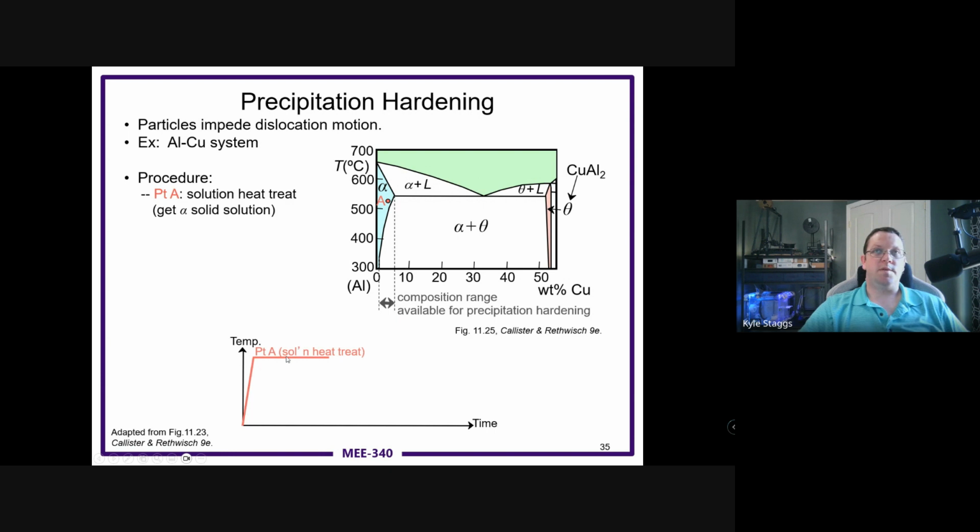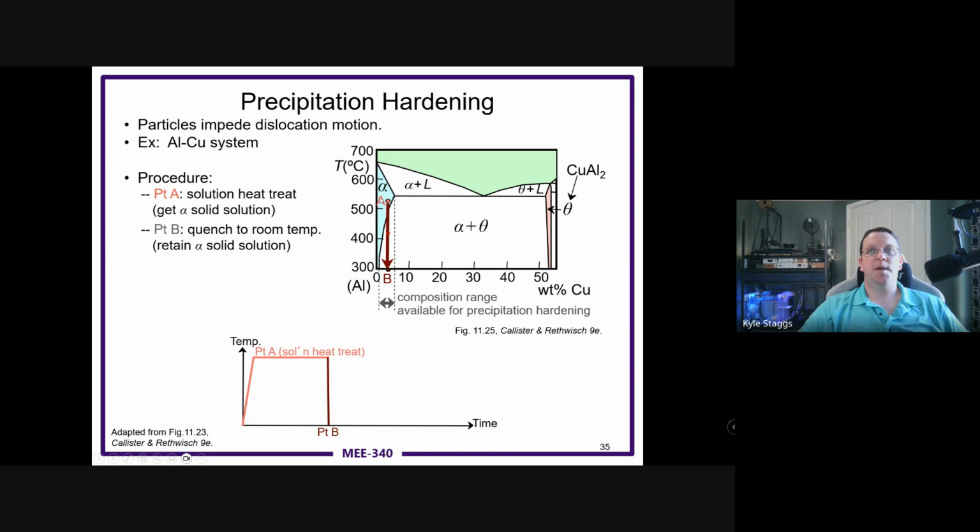So you have this temperature, you bring the material up to this temperature for point A. B is a room temperature quench. So you bring down the temperature sharply.